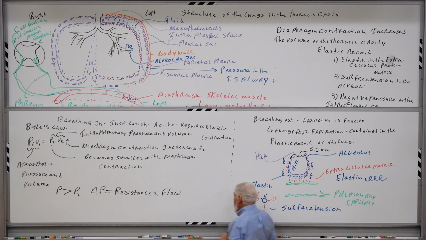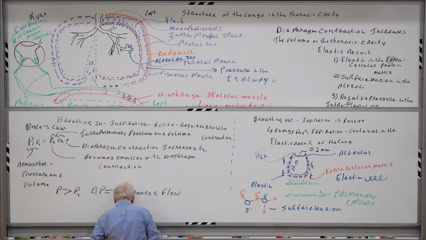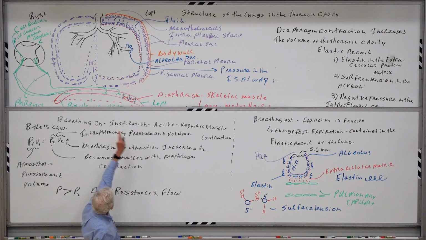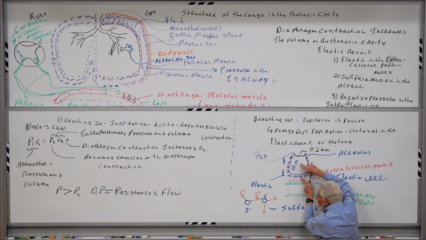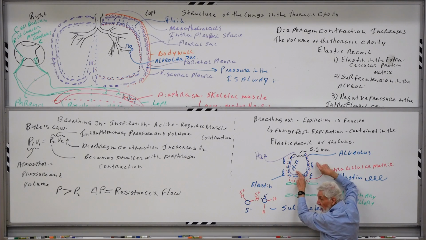To illustrate how important this is, at the time of birth, there are a whole bunch of reactions that go on. Because when you're in your mother's womb, you don't have to worry about breathing. All of your oxygen is being supplied from your mother through the placenta. But within a matter of moments after birth, you have to open up this entire airway and bring oxygen and air down into the alveolar space and exchange oxygen and carbon dioxide across this epithelium.